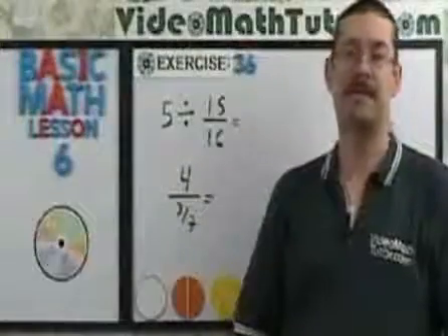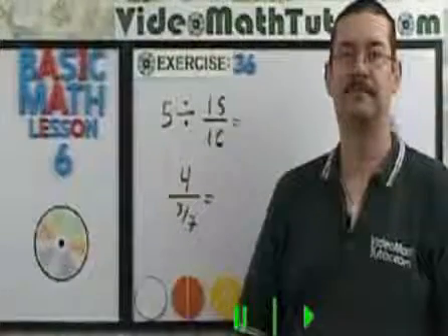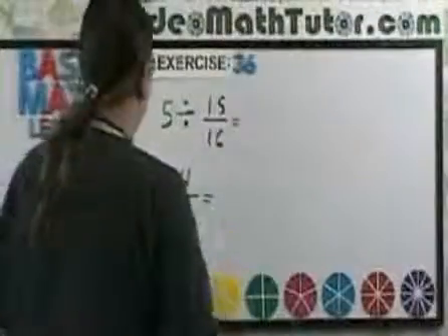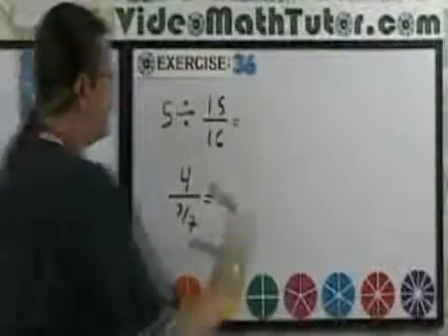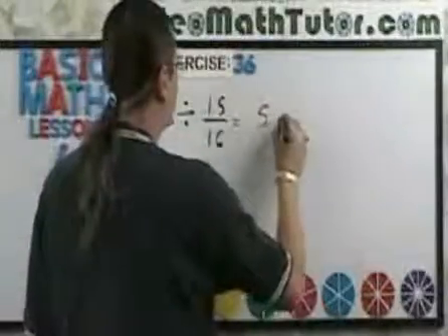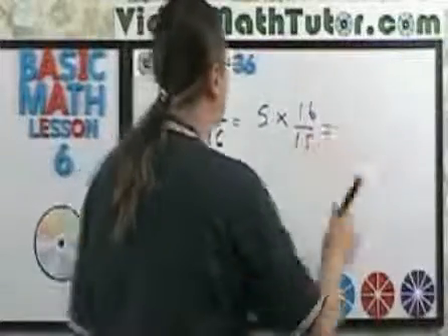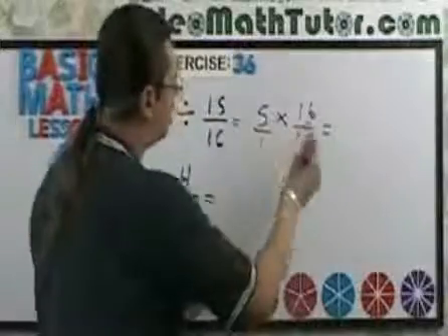For exercise 36, I'd like you to perform the following operation. So, for the first one, I'm going to change this into a multiplication. So I'm going to have 5 times 16 15ths. And let's just put that over 1. Things can cancel nicely.